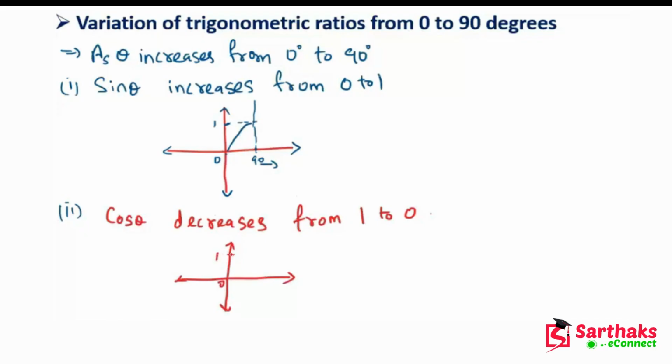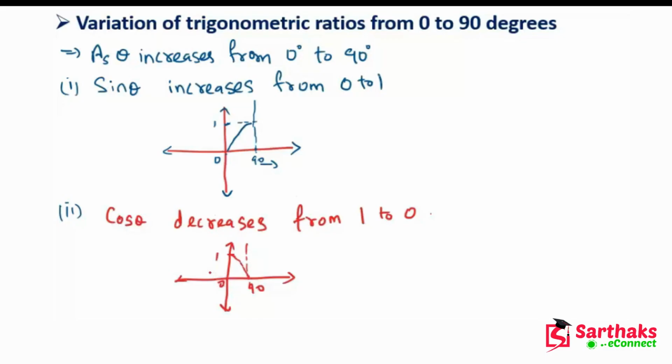So it decreases like this. This is 0, this is 90. We know that cos 0 is 1 and cos 90 is what? Cos 90 is 0. So we can say that cos theta decreases from 1 to 0 like this. I hope you get this point, my dear friends.